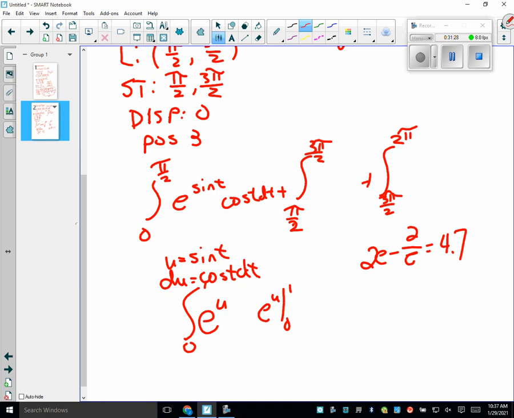Travel 3 ends at 5. I said that wrong, didn't I? It started at 2, then it did a minus 1, then it did a plus 5, then it did a minus 1. Where is it? 5. Right? Are you good with that?